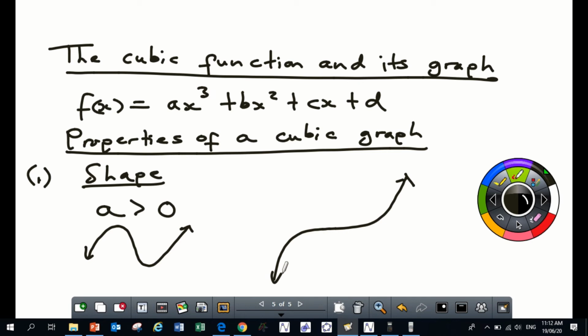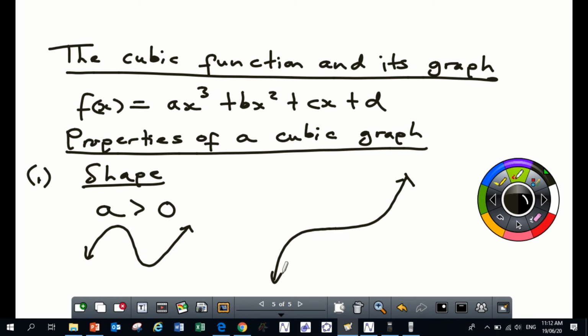So it means you only have ax cubed plus d for you to have this shape. It's also a very much possible shape for a cubic function. Now for this one, it's very unique. We are going to talk about some examples later on. So this is the shape.